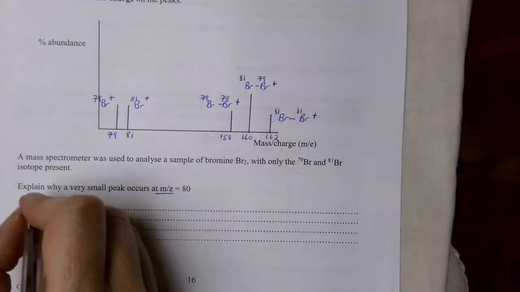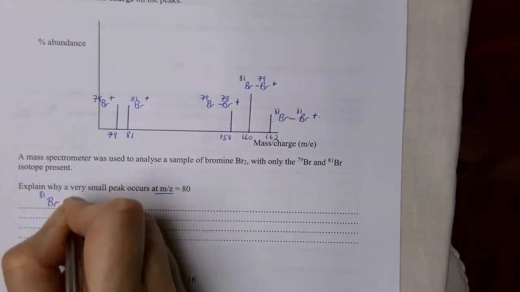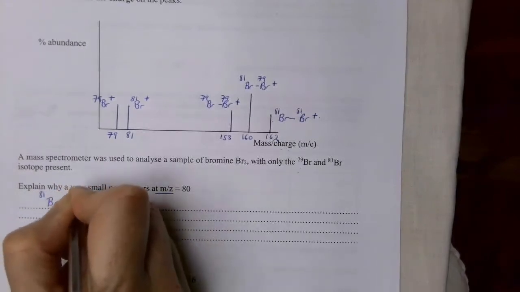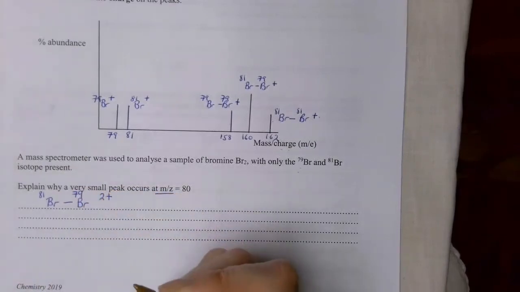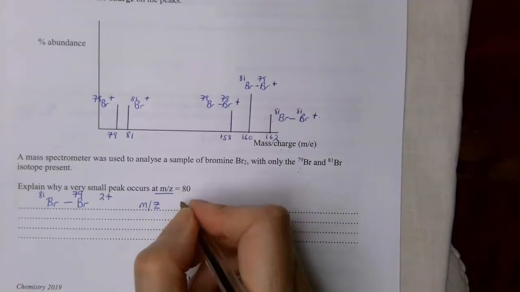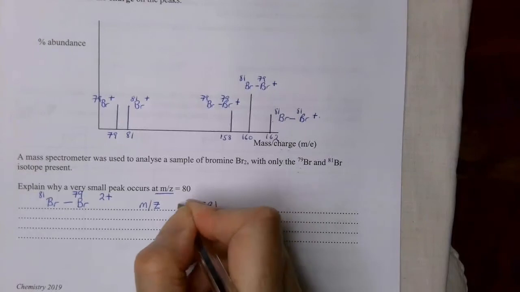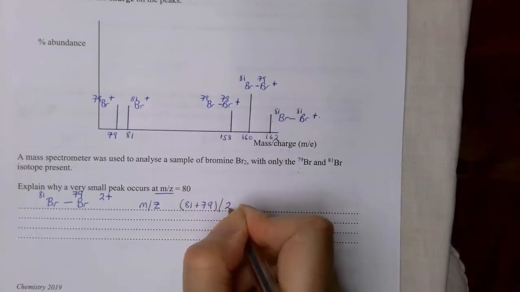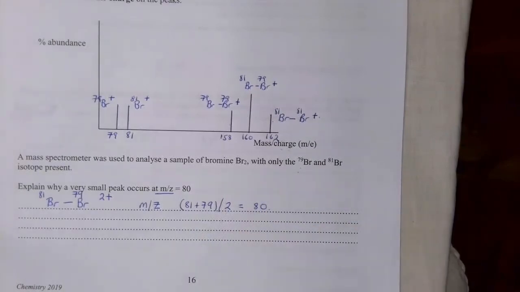So if we had a bromine 81, bromine 79, but this time with a 2 plus charge, the m/z value would be 81 plus 79, so the mass, divided by 2, which would give us 80.